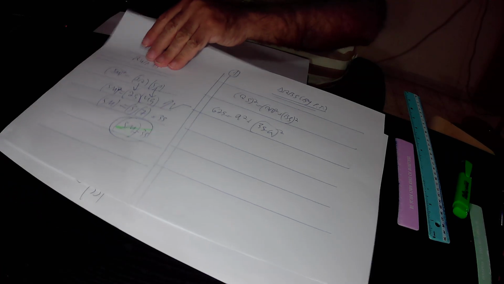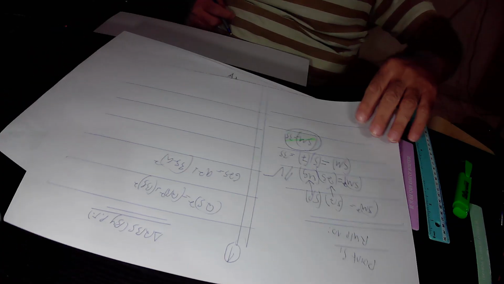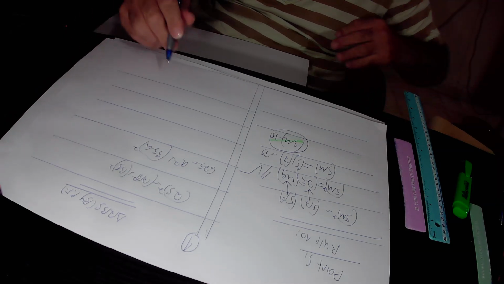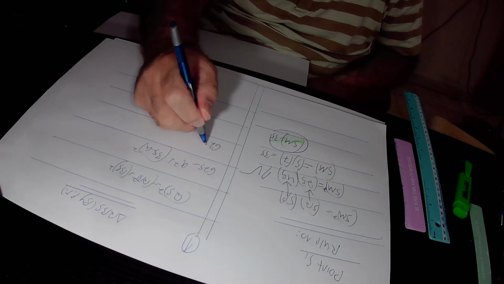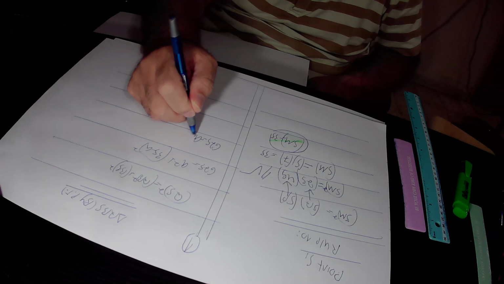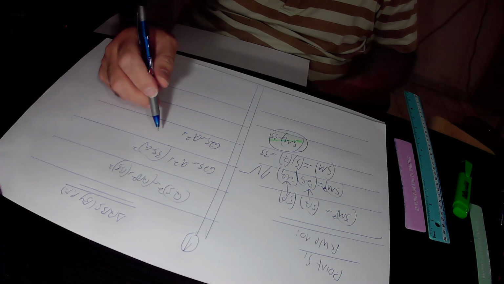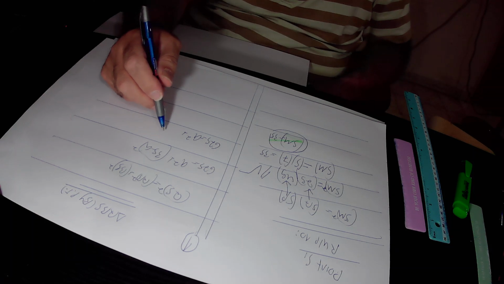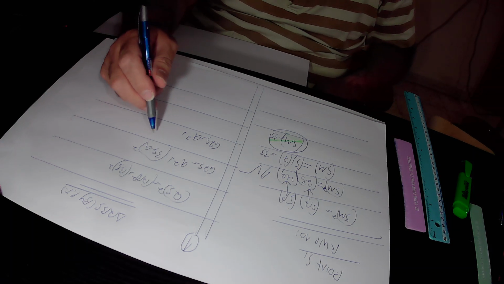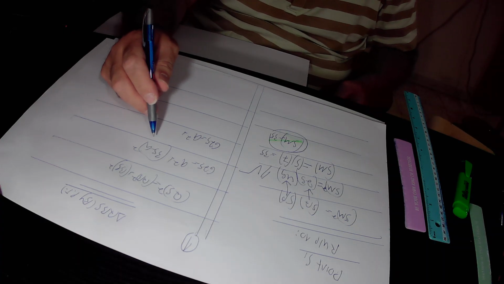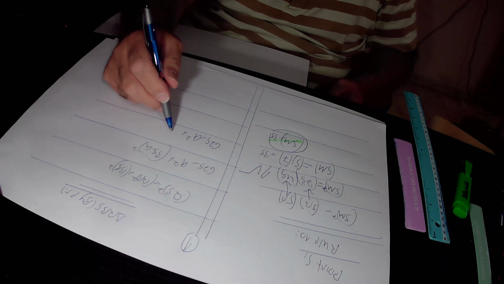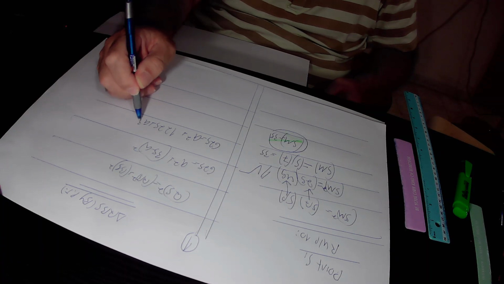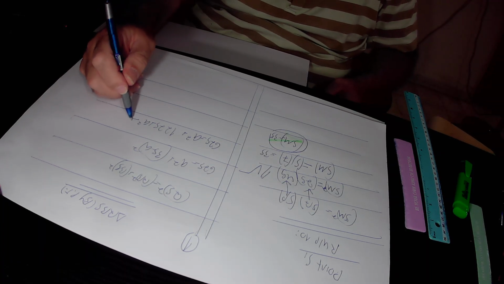So we open the brackets of this expression and we get that (35 minus a) squared equals 35 squared, that is 1225, plus a squared, minus 2 times 35 times a, that is minus 70a.